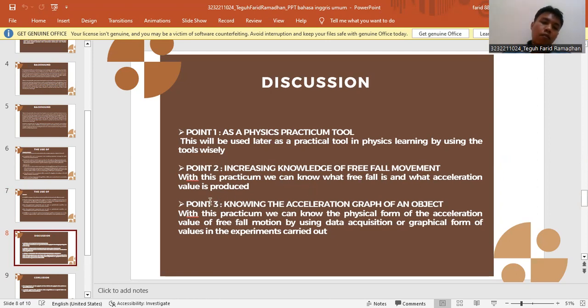Point number 3: knowing the acceleration graph of an object. With this practicum, we can know the physical form of the acceleration value of free fall motion by using data acquisition of graphical form of values in the experiments carried out.